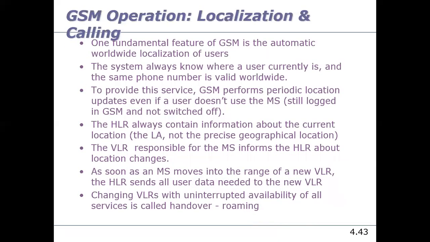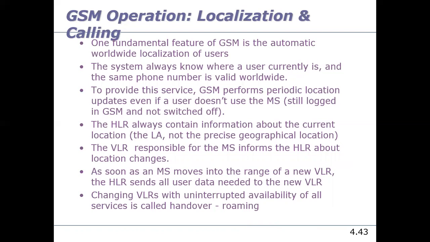Okay, we'll see about localization and calling, GSM operation, localization and calling. What happens in GSM is automatic localization of the users. So to provide this service, GSM uses periodic location updates, even if a user doesn't use the MS. Similarly, the HLR will contain all the information regarding the current location of the user, and the MS informs the HLR about the location changes.